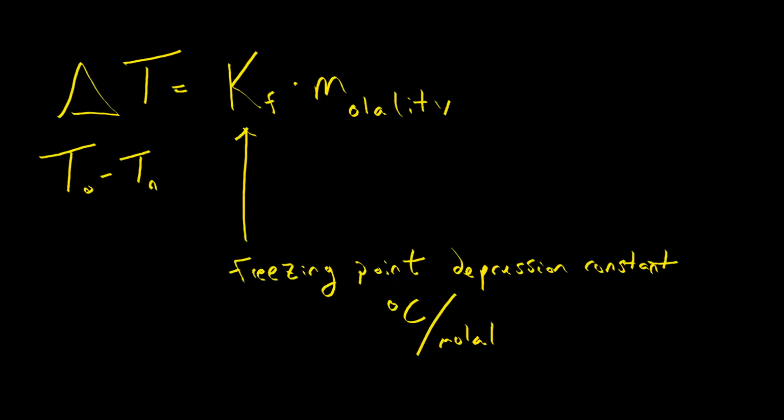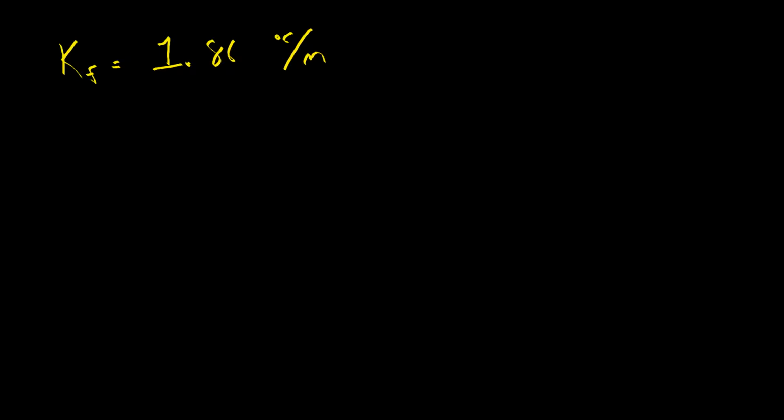So it just says the freezing point will change by a certain amount based upon the concentration of the solution. So, for example, water has a freezing point depression constant of 1.86 degrees Celsius per molal.